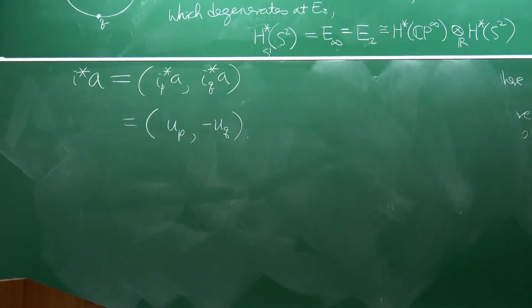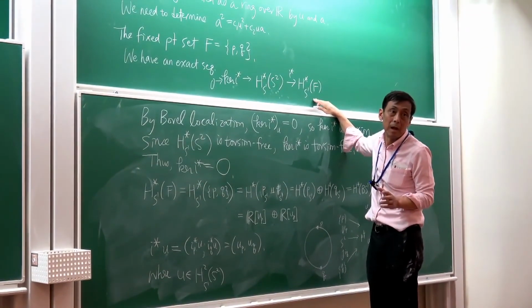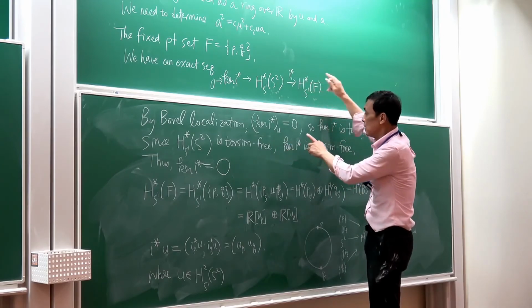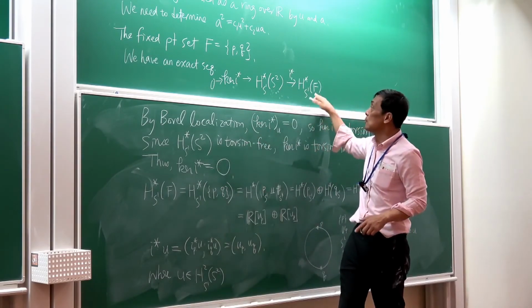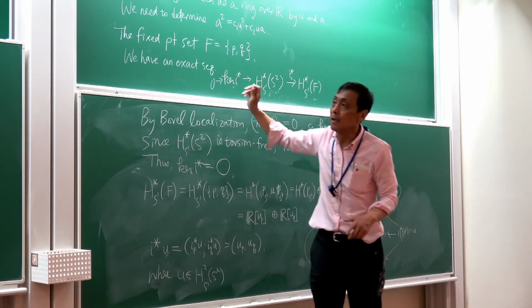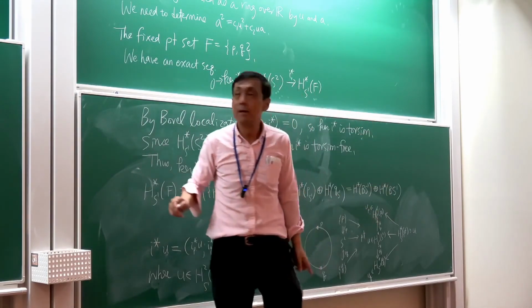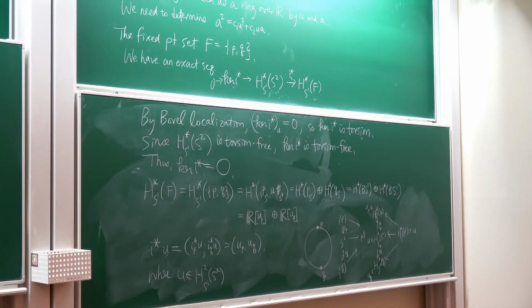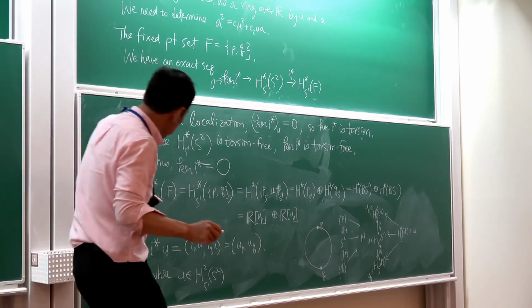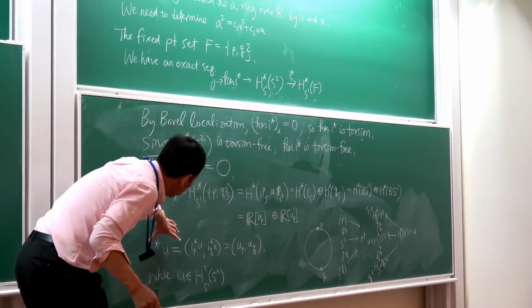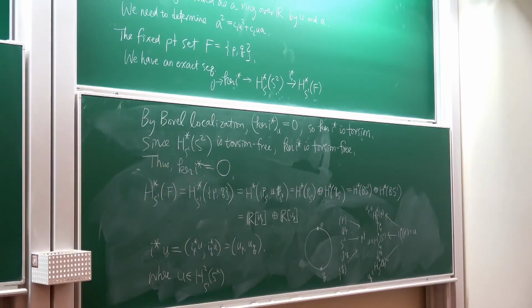Okay, so the way we are going to find the relation is that we restrict to F and find the relation in F. Because I star is an injection, that relation will hold in here. And so what is the relation in the equivariant cohomology of F? What is the relation between this element and this element?